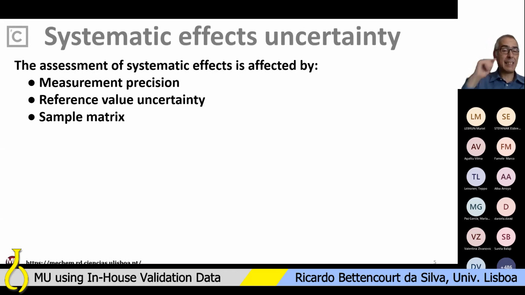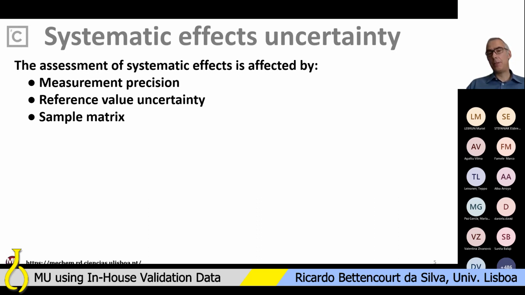So your understanding of systematic effects is affected by the measurement precision. It is also affected by the reference value. Systematic effects are only assessed if you have a reference value, but the reference value uncertainty also affects your understanding of these systematic effects.